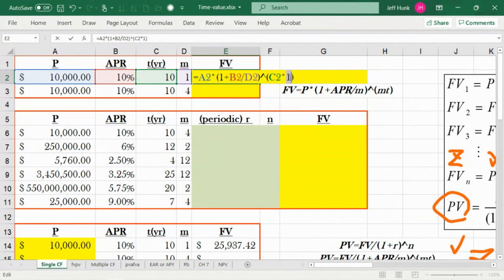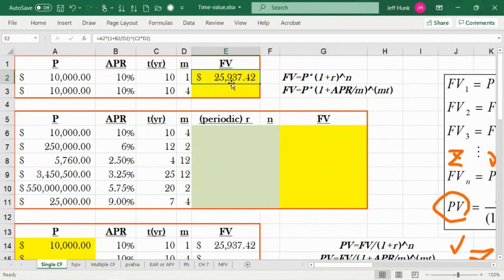You simply multiply it by D2, which is 1, so it's not going to change. But think about it. If the compounding is 4 times a year, you will have to make that adjustment here. In other words, if you have made that adjustment here, there's no change in this result, but you can simply drag it down.